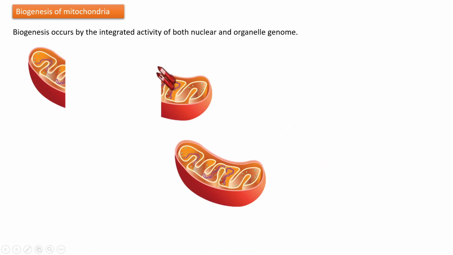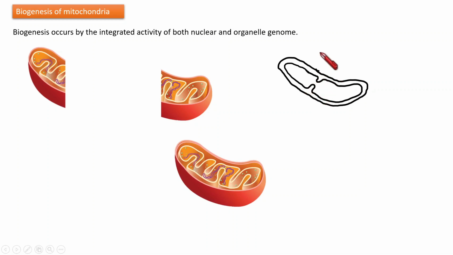For increasing, it simply undergoes division, and for reducing the number, they can combine with each other. And how are they dividing? Mainly by forming a furrow in the inner membrane, which deepens, followed by furrow formation in the outer membrane. In this way, the mitochondria can divide, and its number increases.